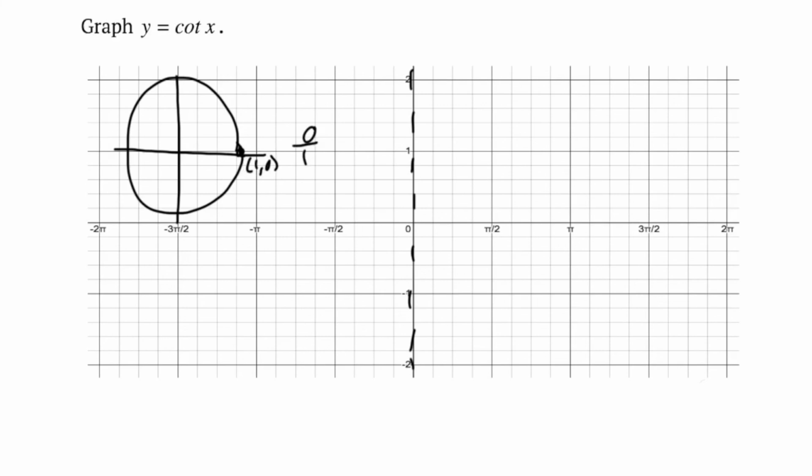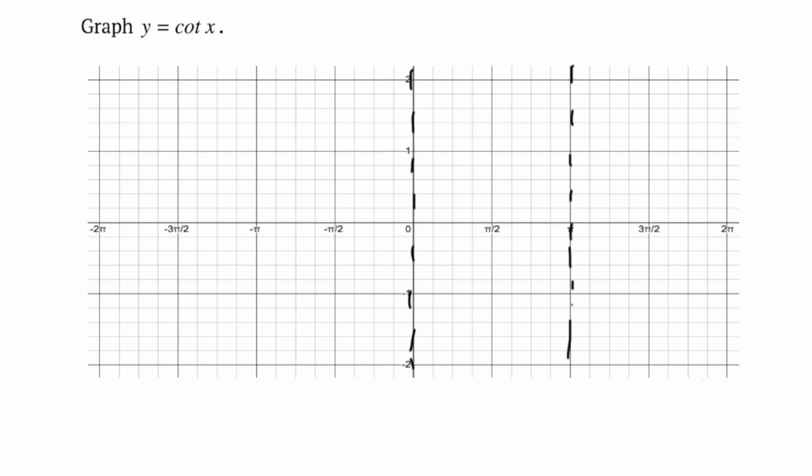So that was 0 divided by 1, but cotangent is the reciprocal, and that would be 1 divided by 0. So at the angle 0, the first cotangent point is actually undefined. But the cotangent graph has the same period as tangent, it's pi. So we'll put another vertical asymptote at pi and 2 pi, and then same thing going to the left.